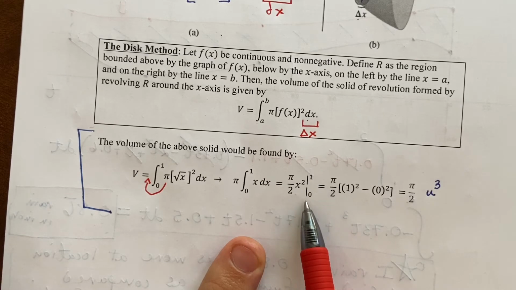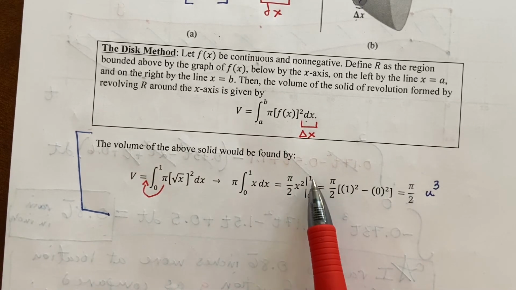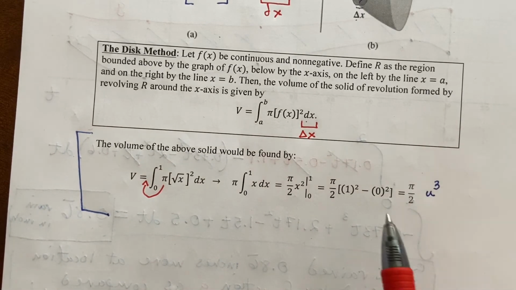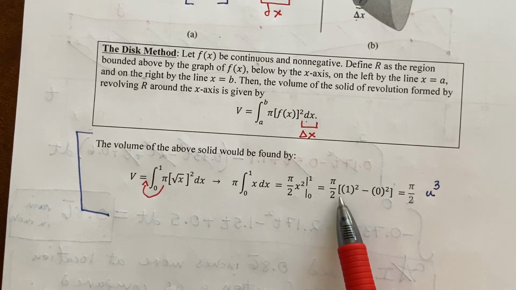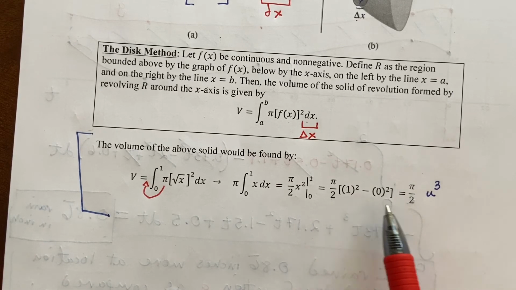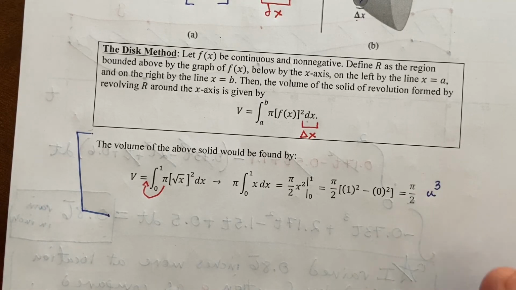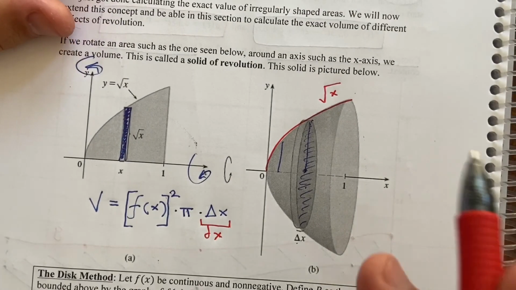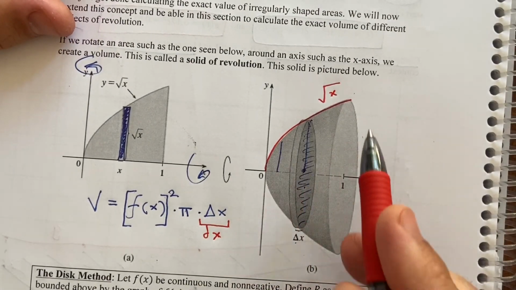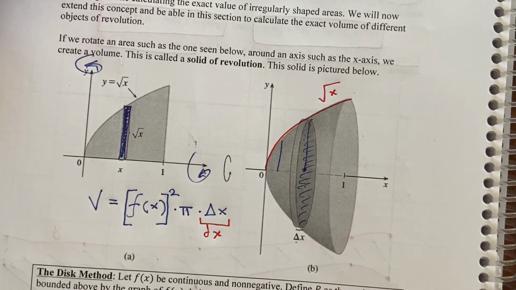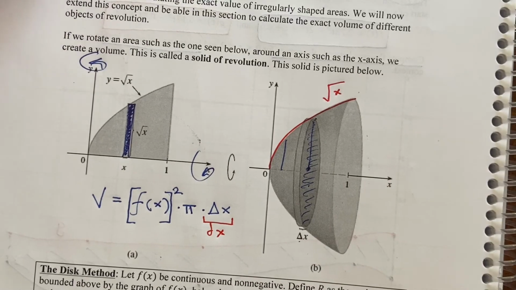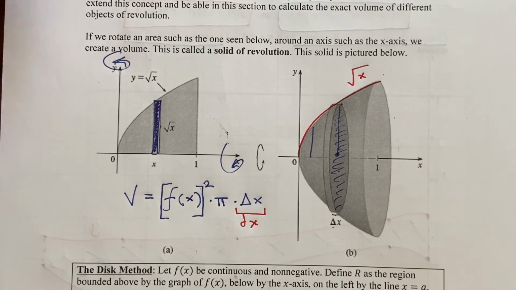Then evaluate with the second fundamental theorem of calculus, the upper minus the lower, and we get pi over 2. That would be cubic units, the volume of this strange object. You might call this a paraboloid in the future.